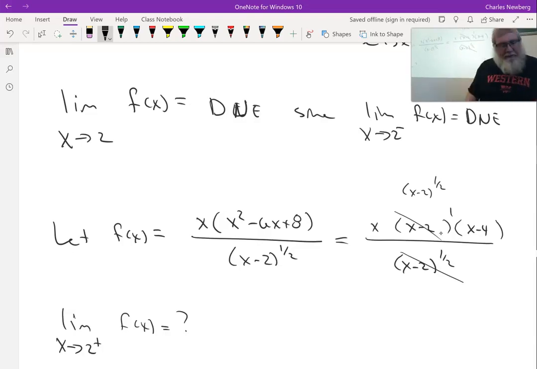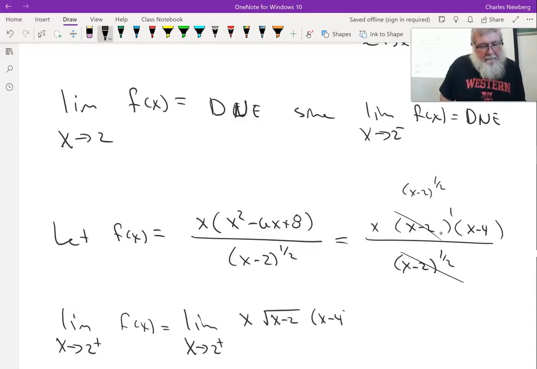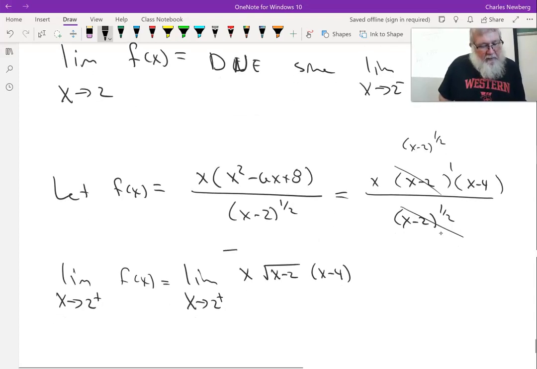And now what's this going to become? Well, since we're only interested as we go into 2, not right at 2, we're allowed to do this canceling. This is going to become the limit as x approaches 2 from the positive side of x, and I'm going to go ahead and write that, the square root of x minus 2 times x minus 4.